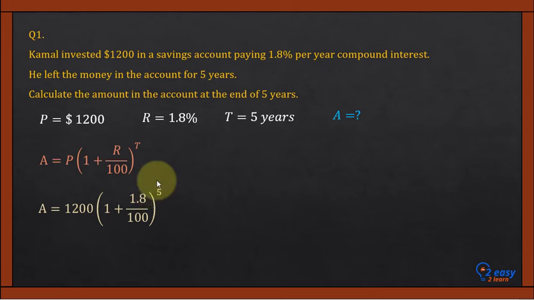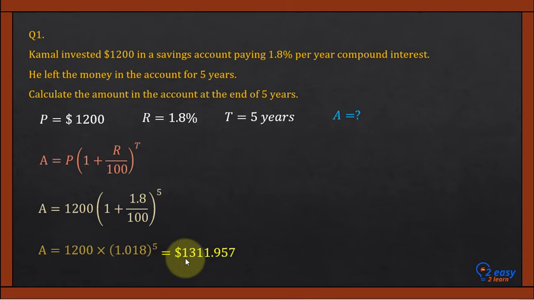So whole power 5. Solve this bracket by using a calculator. So A is equal to 1200 times 1.018 whole power 5. You will use a calculator to get this answer. Now again use the calculator to get the final answer.